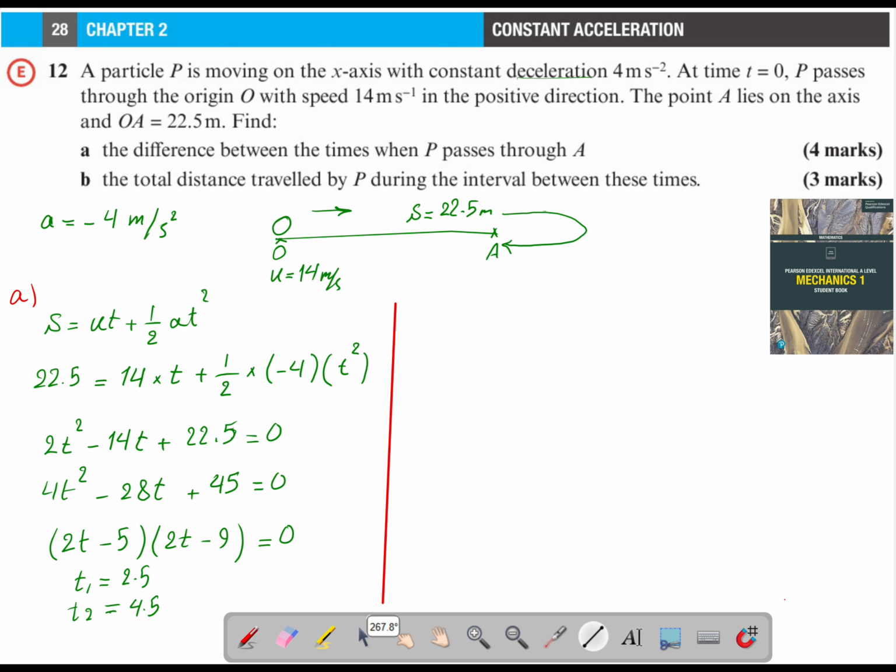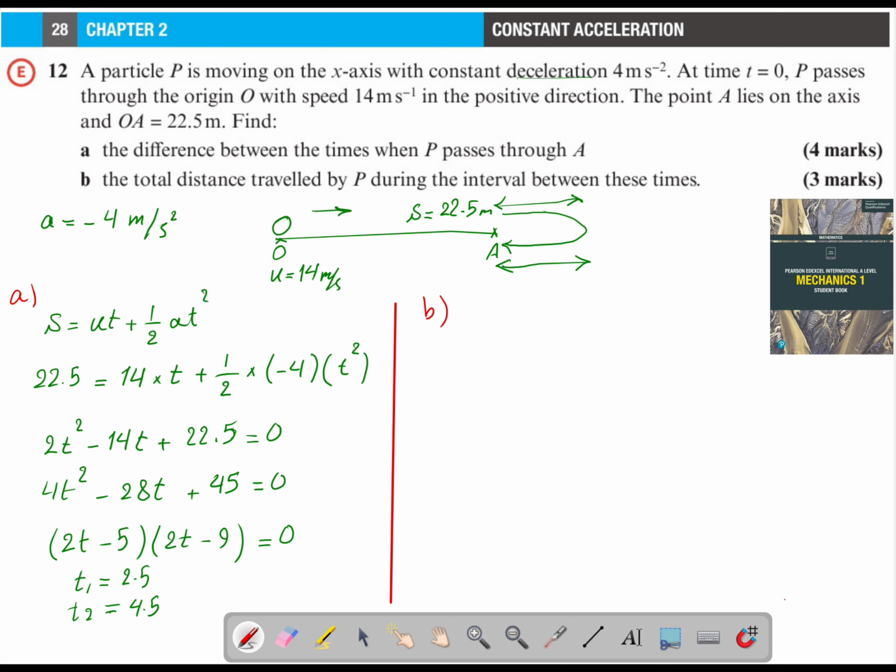For the second part, the total distance traveled by P during the interval between these times. The total distance means that we are going to find this distance plus this distance.